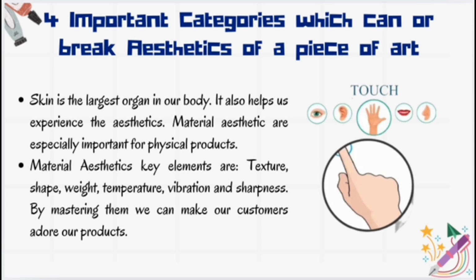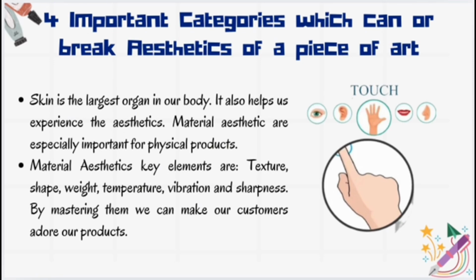So our skin, being the largest organ of the body, plays a big role in how we experience and appreciate physical touch or physical products. This is where material aesthetics comes in: how a product feels when we touch it. Our skin helps us feel things like softness, temperature, weight, or texture.